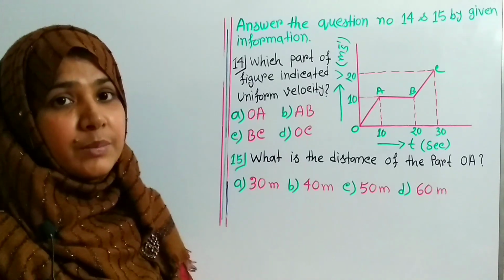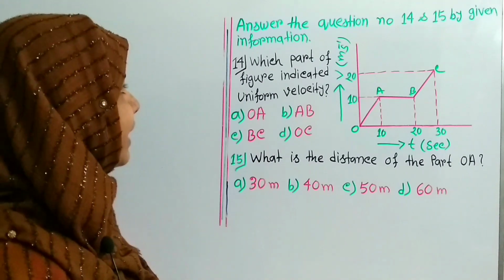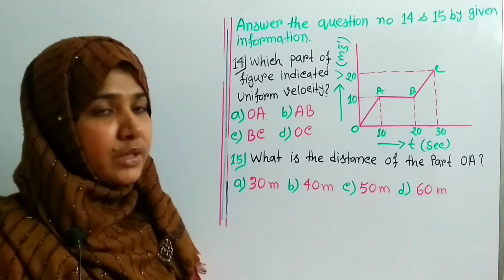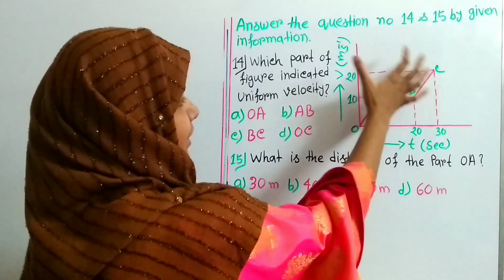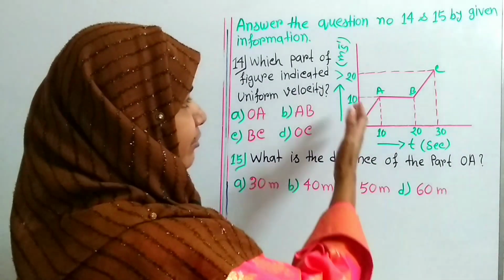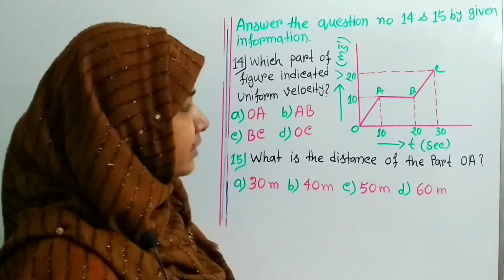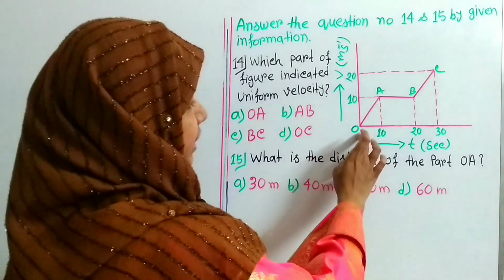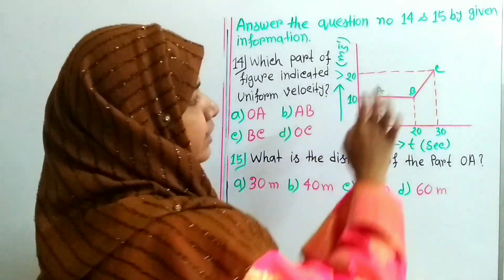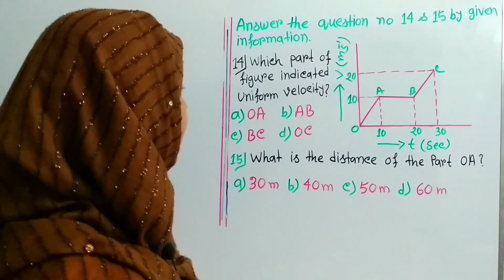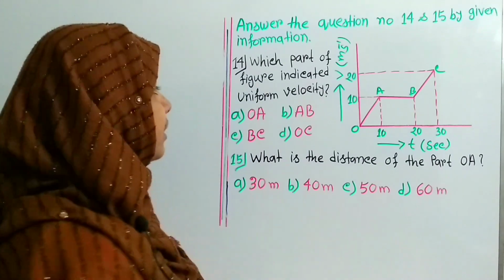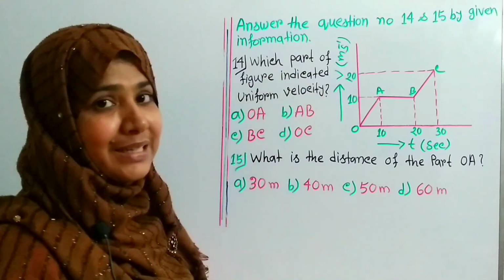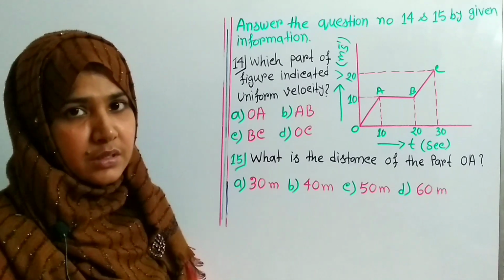Answer questions number 14 and 15 by the given information. So here you can see a graph which is a time versus velocity graph, and there are three lines: OA, AB and BC. Now our question 14 is, which part of the figure indicates uniform velocity?